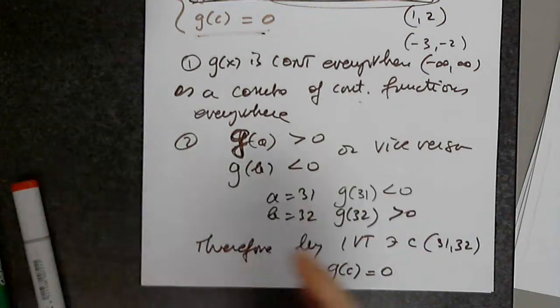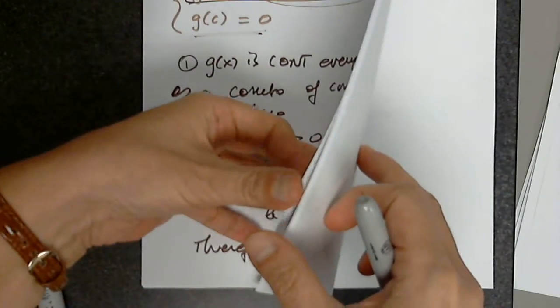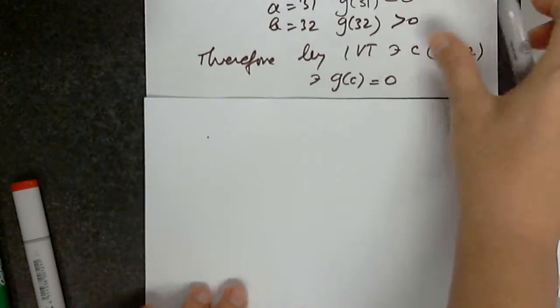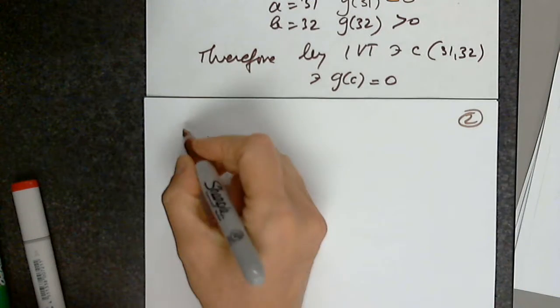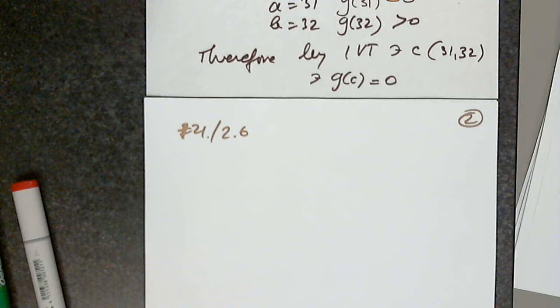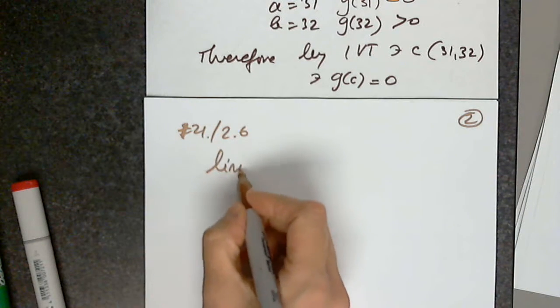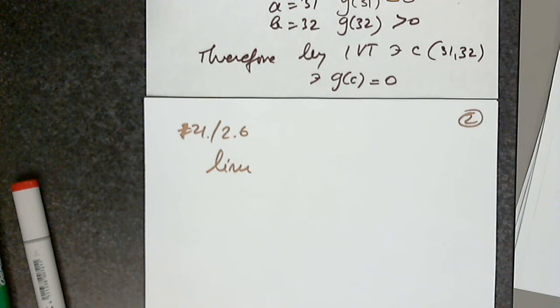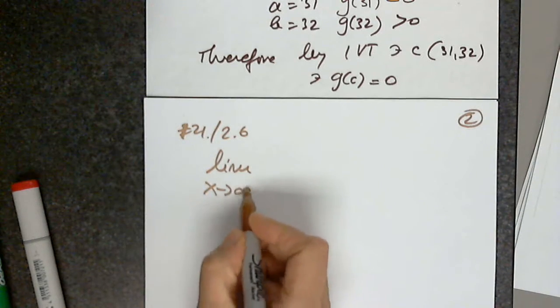Yes, let's look at 21 in 2.6. Let's take a look. Where is it? 2.6, 21. Yes, of course. Limit, and I see x approaches infinity. Am I correct? Okay.